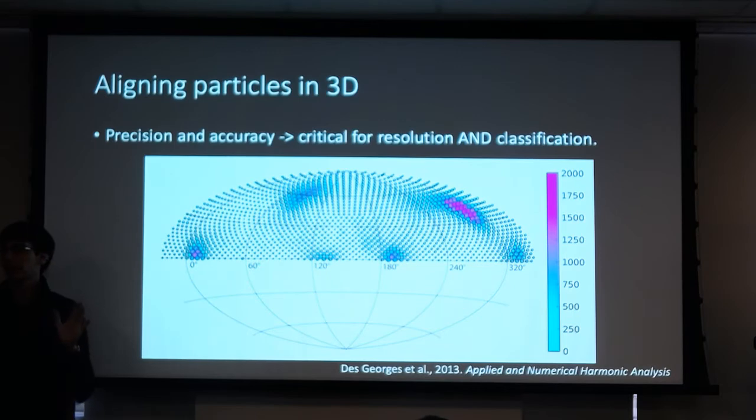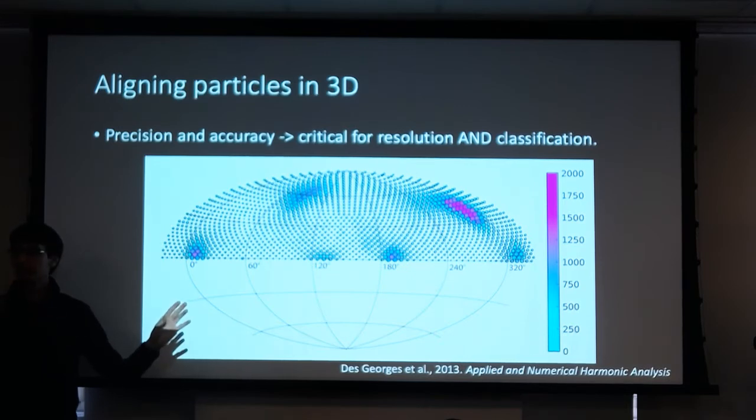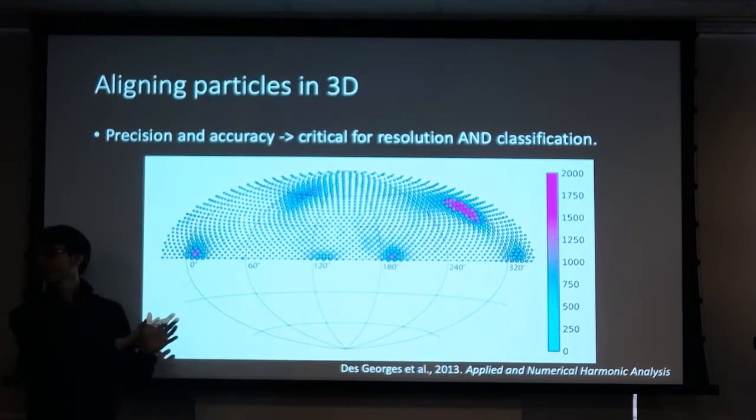If you're thinking about classification, you're trying to figure out whether your particle should go to class 1 or to class 2, but you're also trying to align it at the same time. It might go to class 2 in one orientation, but then if you tilt it by, let's say, 2 degrees, it actually prefers class 1, you see?